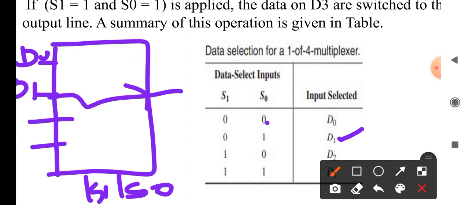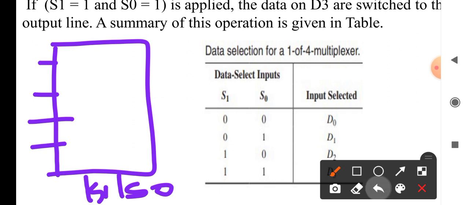Now we need to write down the equation to implement this.